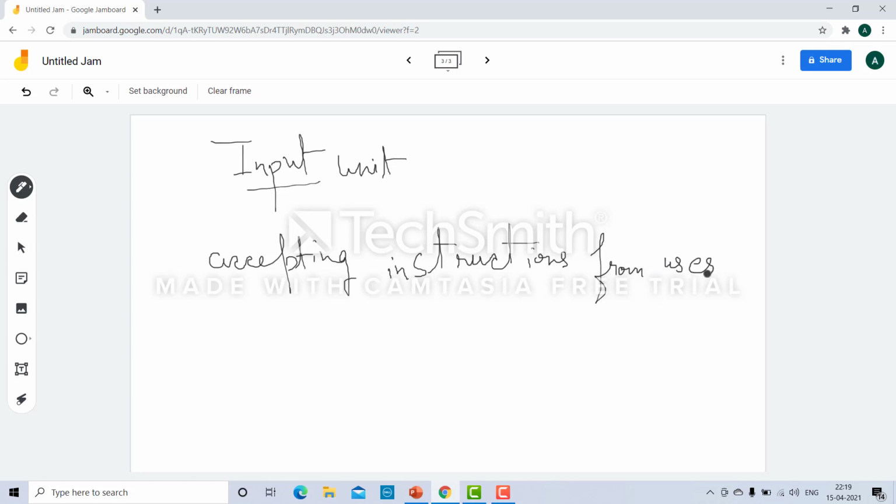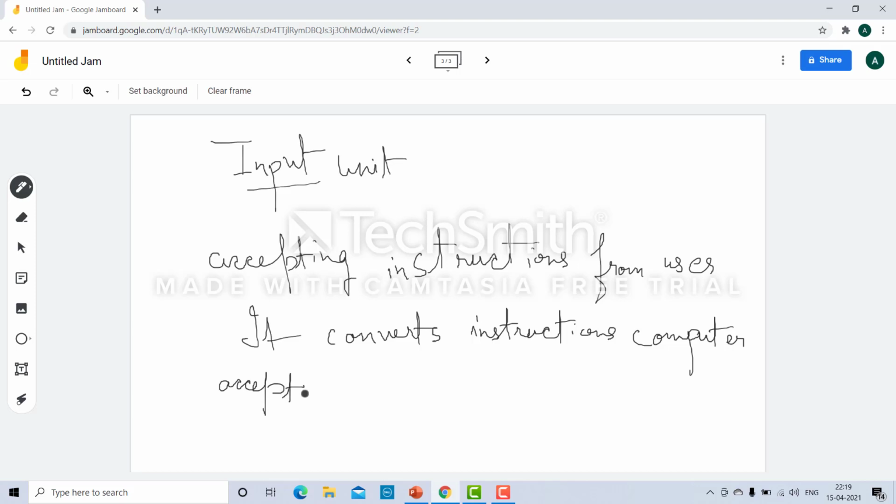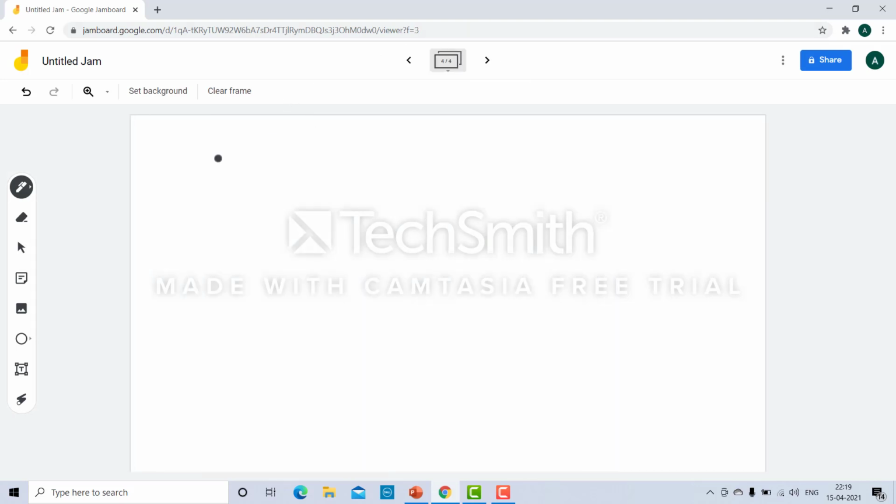Then it converts the instructions into a computer acceptable form. Our instruction would be in simple English, but a computer is a machine and will not be able to understand the instructions that we give. So it has to be converted into the language which the computer can understand. So this is the first function, this is the second function. Then we will discuss the next function for the input.